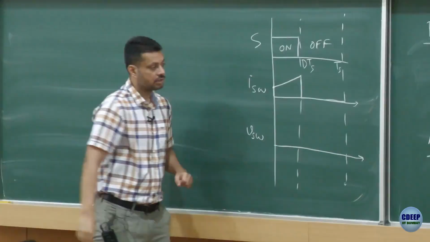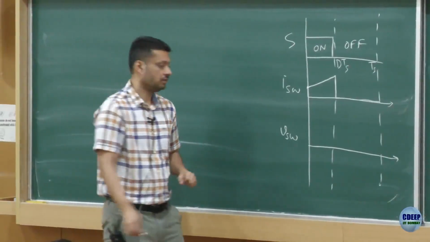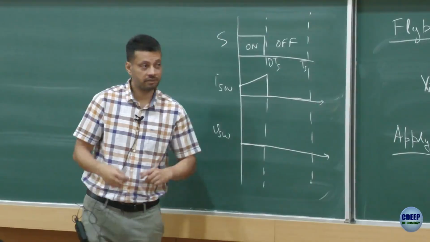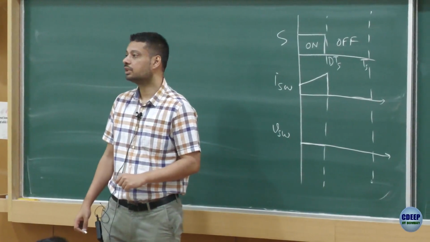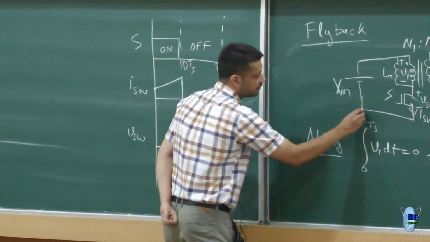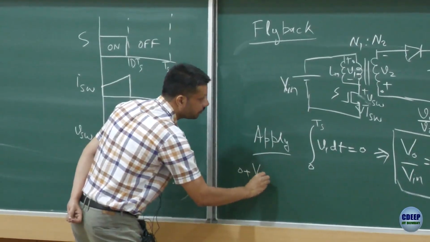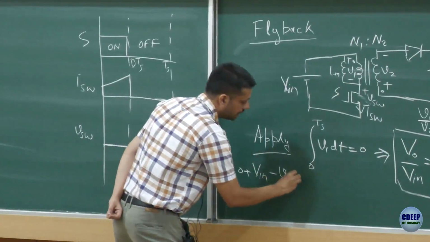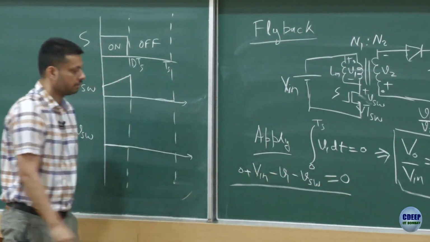What about the switch voltage? When the switch is on, the voltage is equal to 0. When the switch is off, its voltage is equal to... let's write Kirchhoff's voltage law here, starting from this point. So 0 plus Vin minus V1 minus Vsw is equal to 0, right.